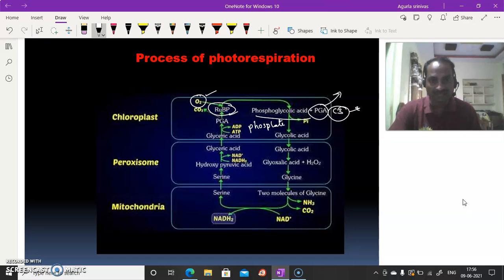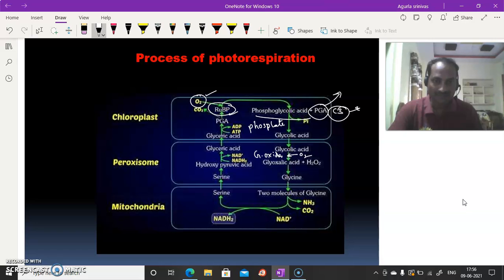Now this glycolic acid which is formed in the chloroplast enters into the peroxisome, where glycolic acid forms glyoxylic acid and H2O2 by combining with oxygen. Here the enzyme is glycolic acid oxidase.